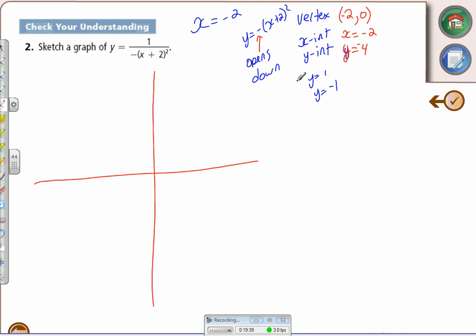And then what happens when y equals 1 and y equals -1 on the original? If we plug in a y of 1, that would give us 1 equals -(x plus 2) squared. Divide over the negative, then we take the square root. But we can't take the square root of a negative number, so it's never going to equal y equals 1. So let's go with y equals negative 1 and see what happens there.